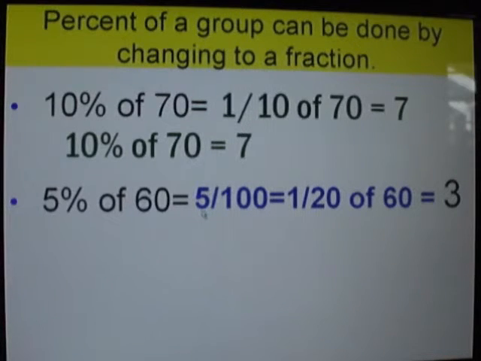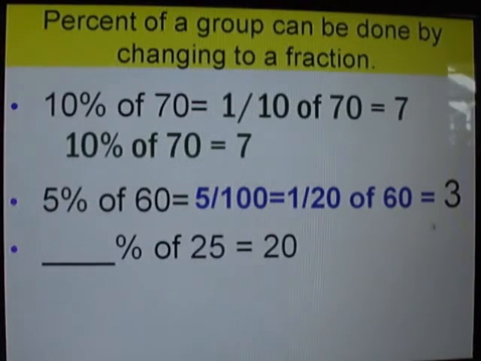We know that because they end in 5 and 0. So 5 divided by 5 leaves 1, 20 divided by 5, 100 divided by 5 leaves 20. And then we do a fraction of a group problem. 1/20th of 60 is 3, because 60 divided by 20 is 3, and we're only talking about one group. So we now know that 5% of 60 is also 3.